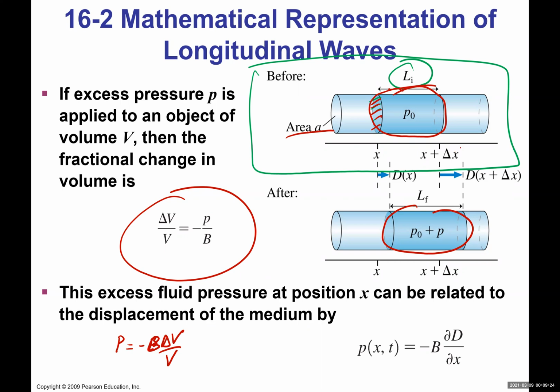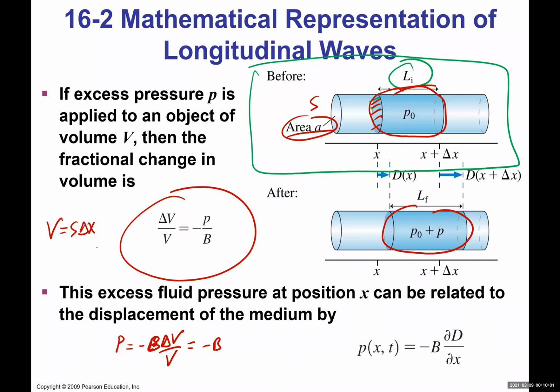Okay, so then I can write this in terms of negative B times delta V, where delta V is the change in volume. Well, I can represent change in volume in terms of, remember, the volume, if you talk about area A or area S, will be S times some kind of displacement, delta D. So let me do delta X over here.